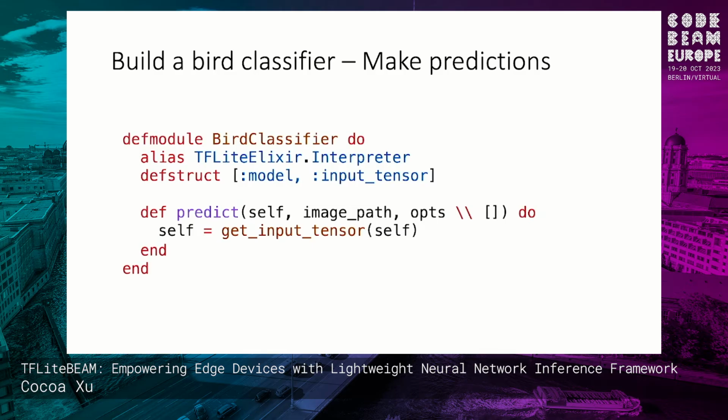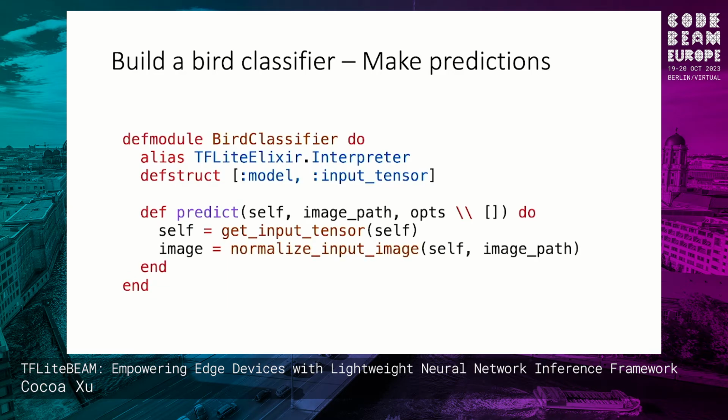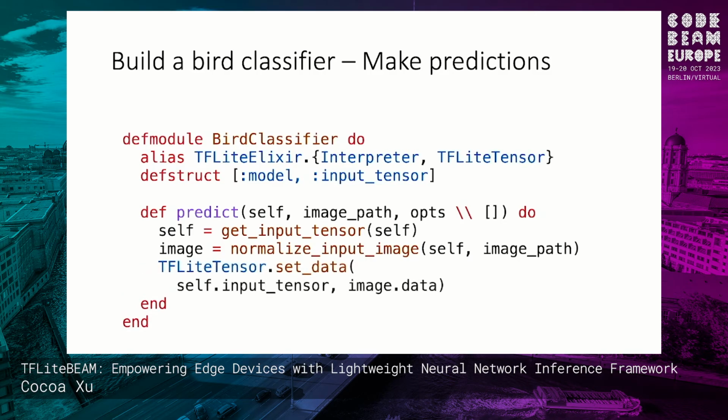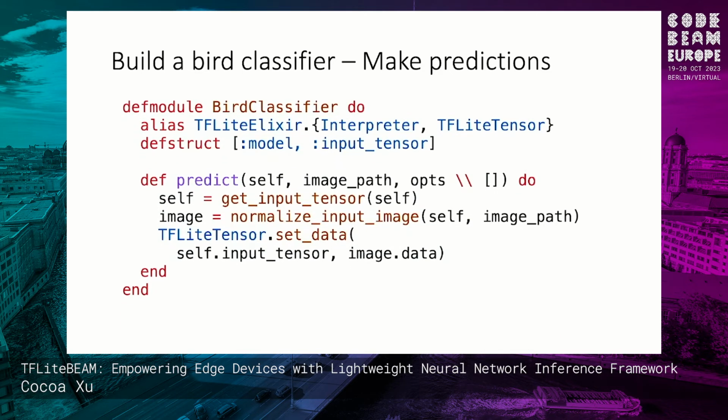And then I will do one more analysis for the TFLite tensor. Then we can use TFLite tensor.setData to set the image data for the input tensor. After that, we can call interpreter.invoke with self.model, which will do the actual inference for you.